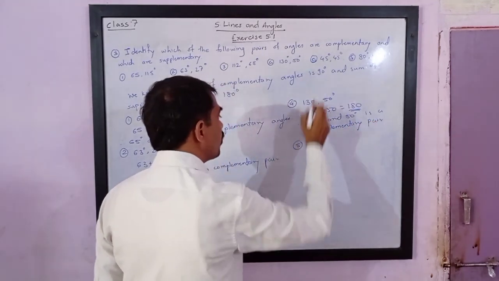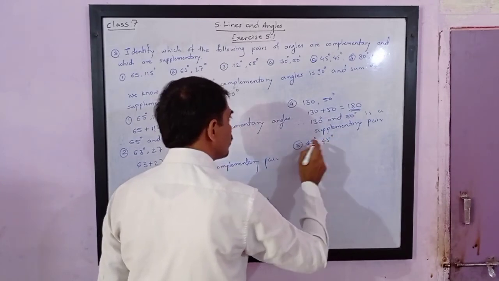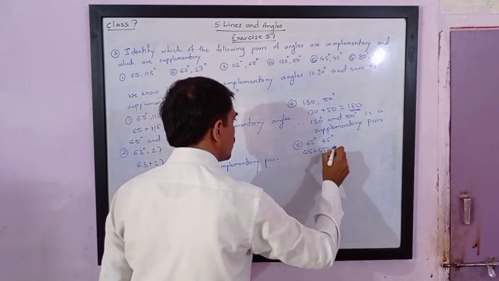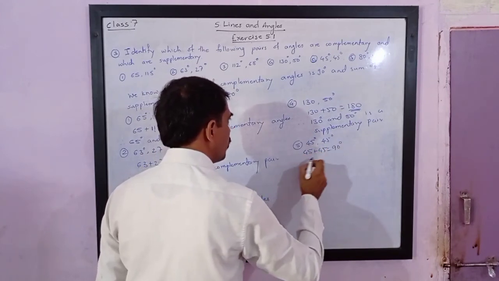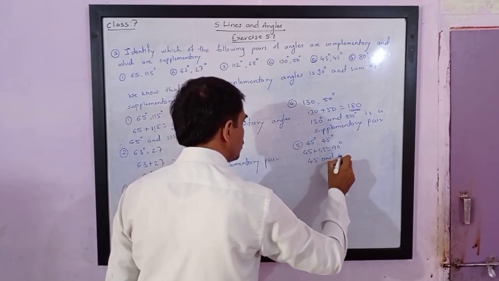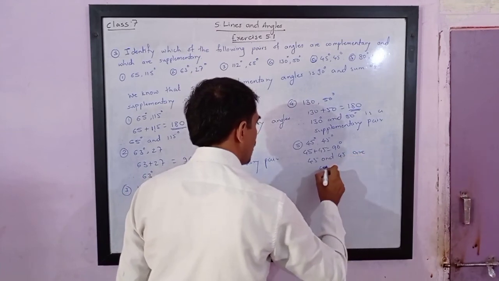Then the next question is 45 and 45. Here 45 plus 45 is 90 degrees. Therefore 45 and 45 are complementary angles.